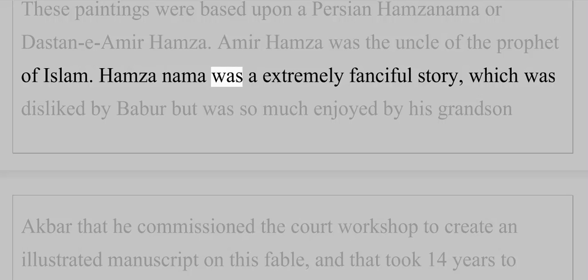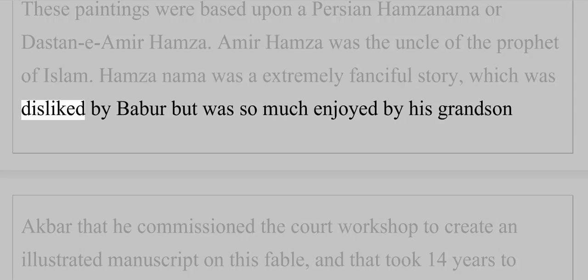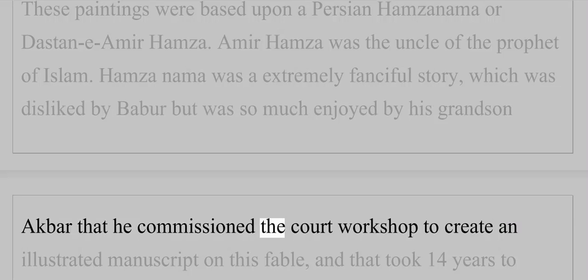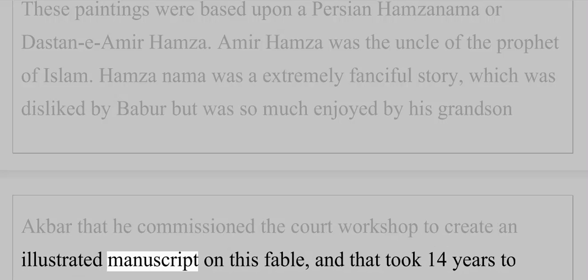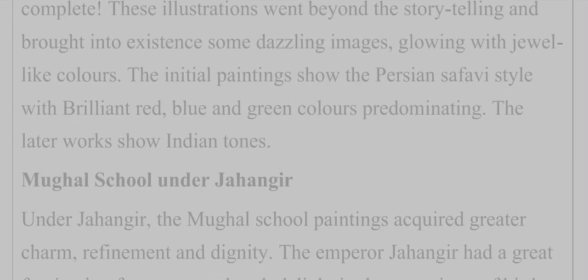Hamzanama was an extremely fanciful story, which was disliked by Babur, but was so much enjoyed by his grandson Akbar that he commissioned the court workshop to create an illustrated manuscript on this fable, and that took 14 years to complete.